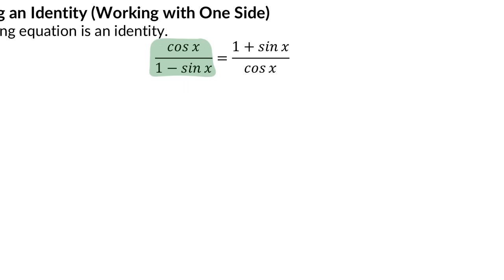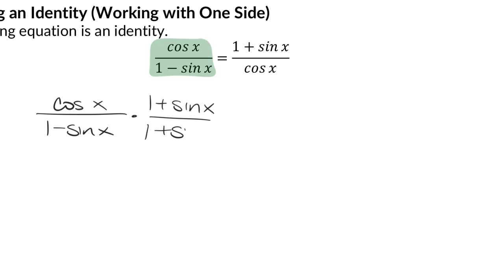So that's what we're going to do here. We're going to take cosine of x over 1 minus sine of x, and multiply the top and bottom by the conjugate of the denominator, 1 plus sine of x over 1 plus sine of x. So that step is multiplying by the conjugate.